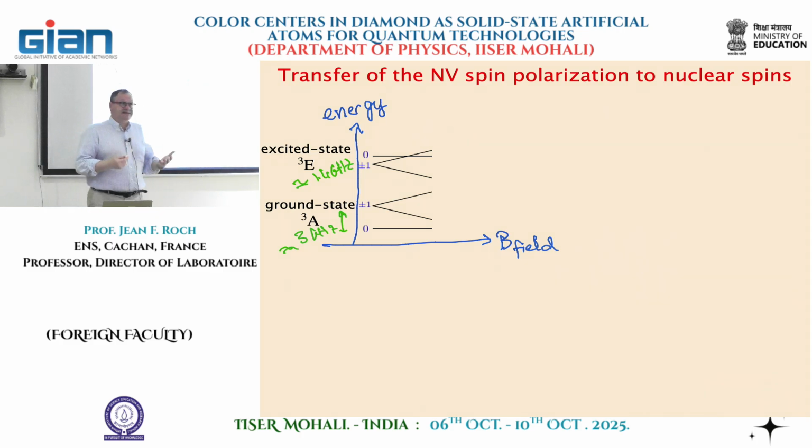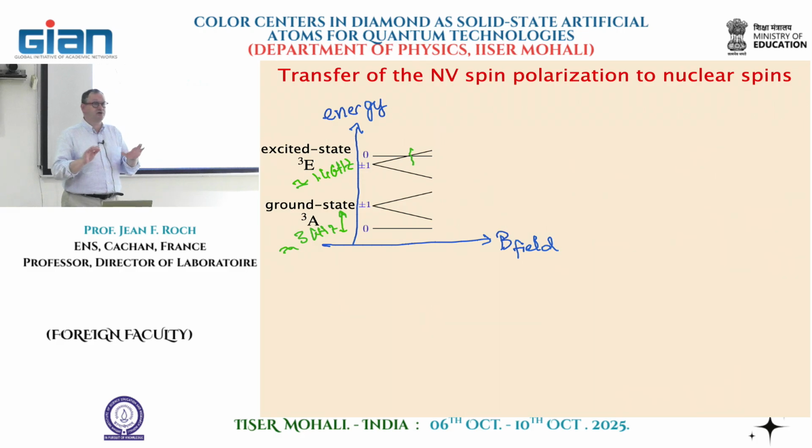And you can observe this line at 1.42. So what happens now if I apply the magnetic field? If I apply a magnetic field, what I will have here is a crossing between MS equal plus minus 1 and MS equal 0.